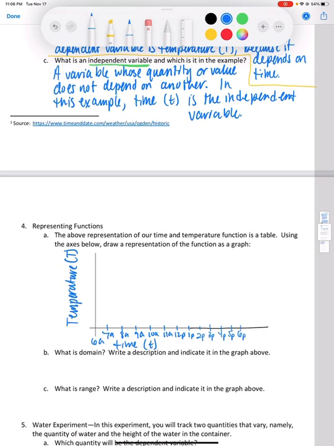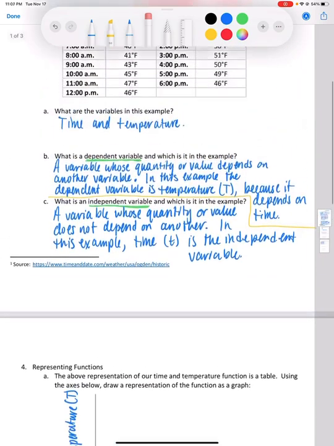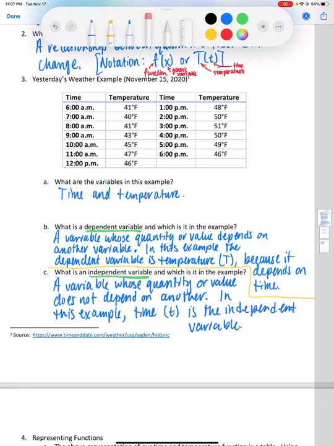Okay, so there's all of our variables along the horizontal axis. Now we're going to go ahead and do the ones on the vertical axis for temperature. According to my table here, my time went from 6 a.m. to 6 p.m. So I put all of the range on the axis.